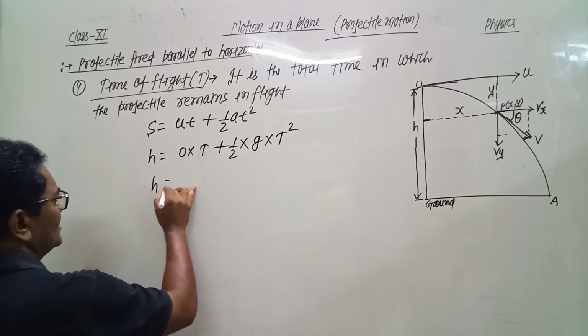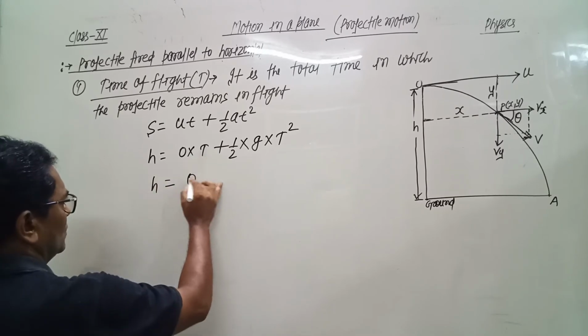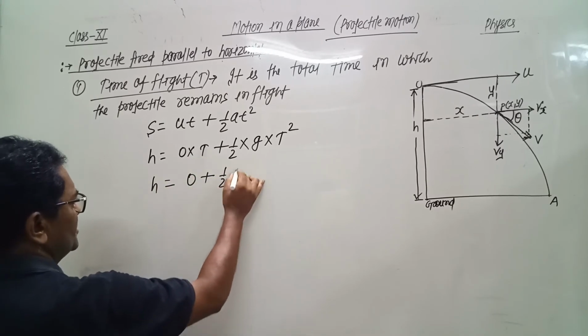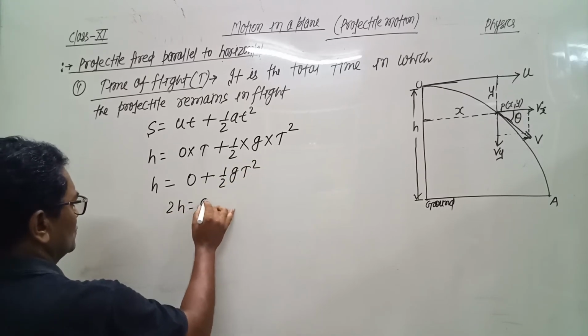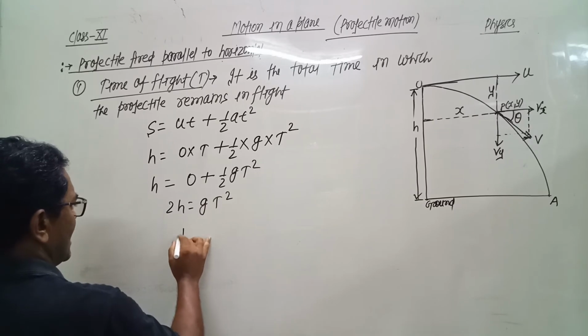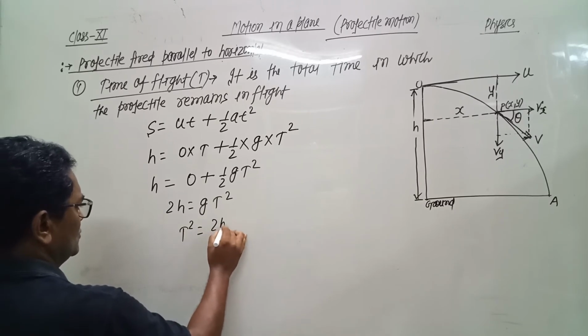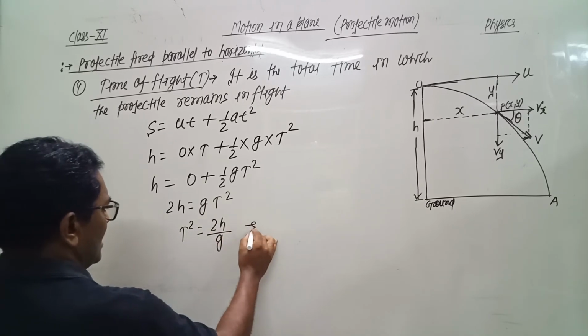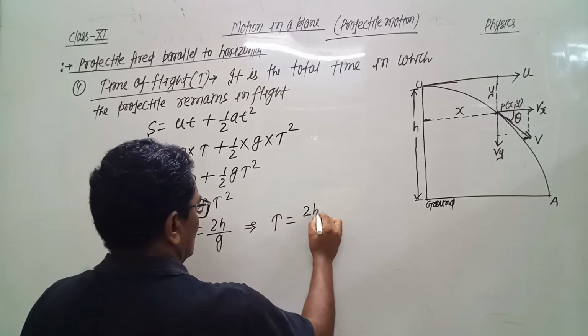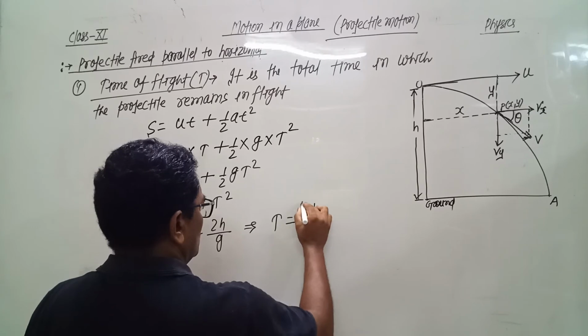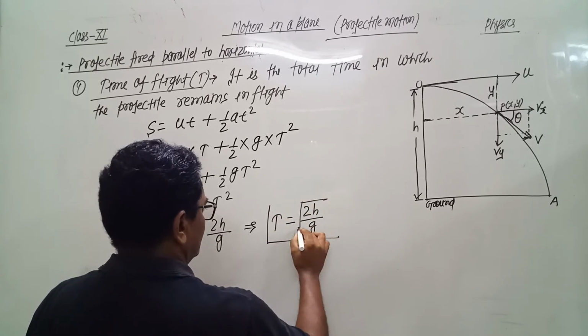So we get h equals 0 plus half g t square, so 2h equals g t square, and t square equals 2h by g. We get the formula for time of flight: t equals root of 2h by g.